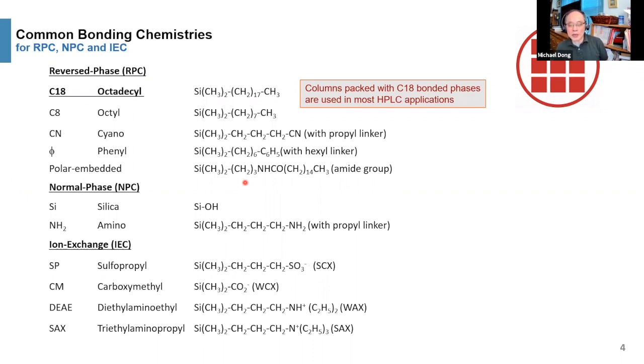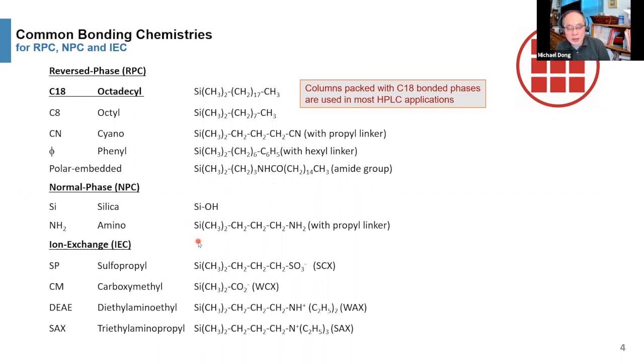Waters Corporation, which is probably the top column manufacturer, uses the carbamate chemistry. A lot of other people use the amide group, such as Agilent and also Supelco, Millipore, or Merck, right? A normal phase silica is not very good, right?